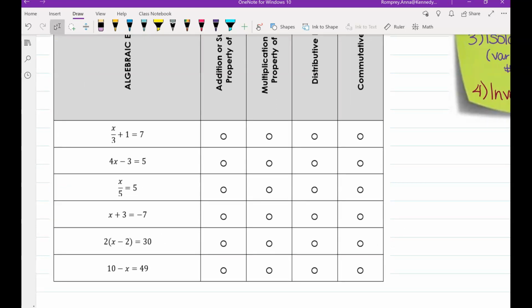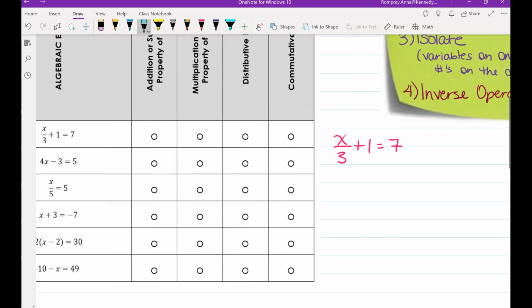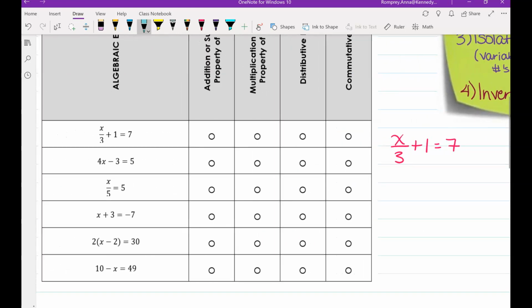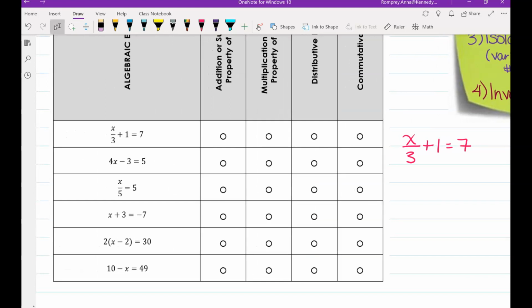I'm going to go ahead and work this out to the side. You can do that as well, underneath, whatever you want to do is fine. Okay, so x divided by 3 plus 1 equals 7. So following what I was saying, when we are isolating the variables, so variables on one side, numbers on the other, I'm going to think of PEMDAS in reverse.